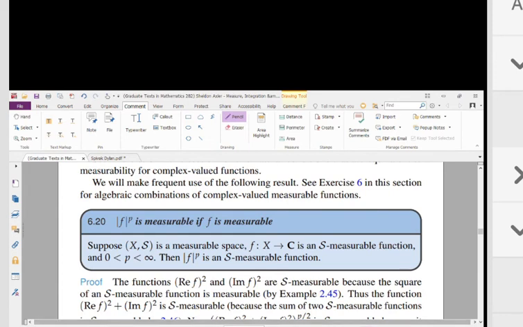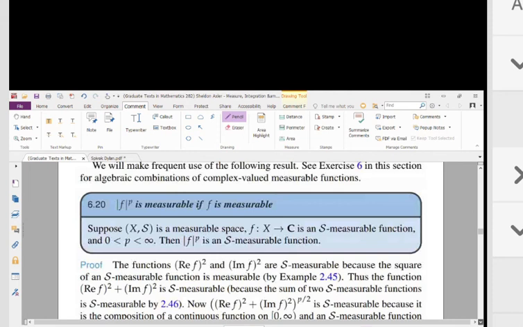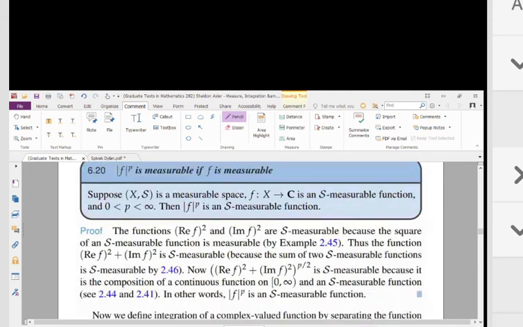And this proof is easy because the functions real part of f to the power of 2 and imaginary part of f to the power of 2 are S measurable, because the square of an S measurable function is measurable, by example 2.45.